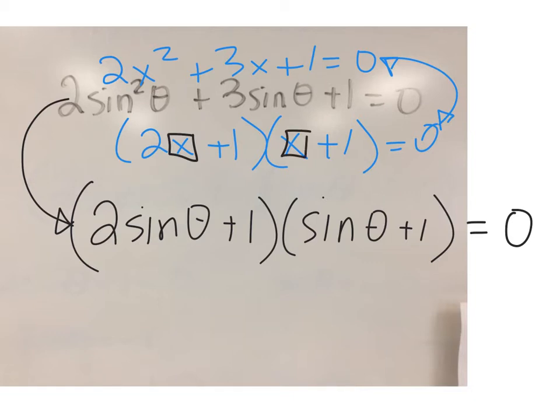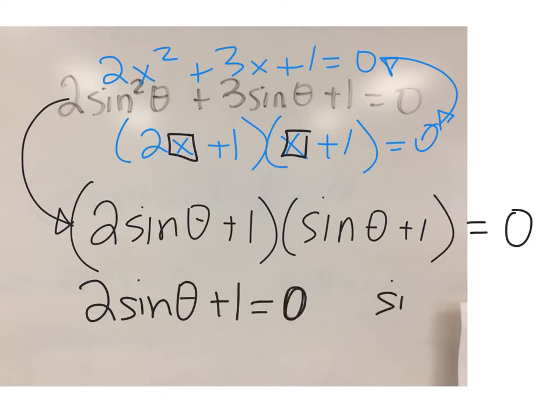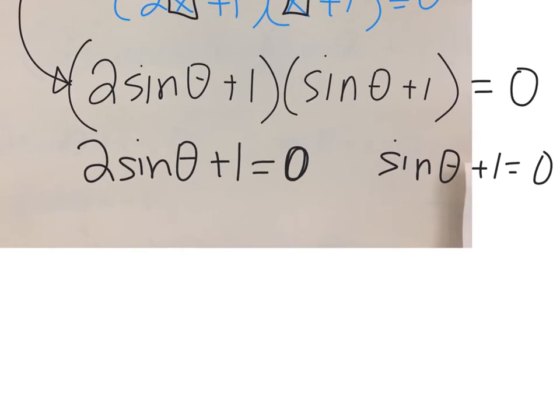So trig equations behave very much like regular algebraic equations. As such, we need to figure out if this factor will be 0 or if this factor will be 0. So we factor them so we can set each of these factors equal to 0.